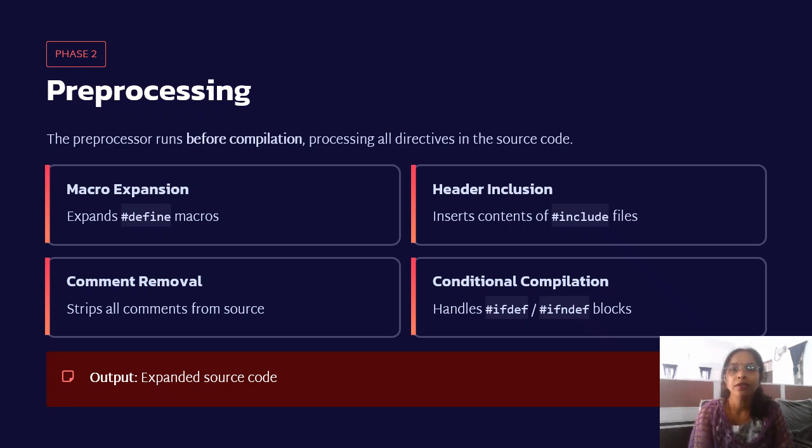The preprocessor performs macro expansion, that is used with hash define; comment removal, that means it strips all the comments from the source; third, header inclusions, it inserts the contents of hash include files; and conditional compilation handles the hash if, hash ifdef and hash endif blocks.